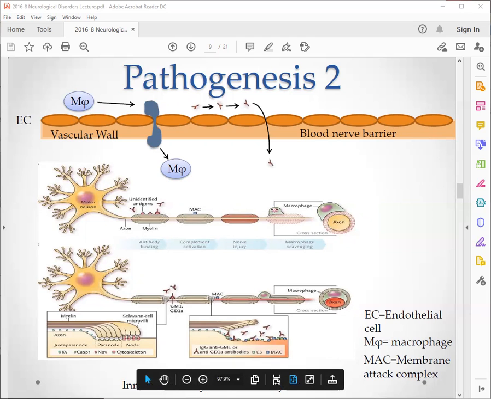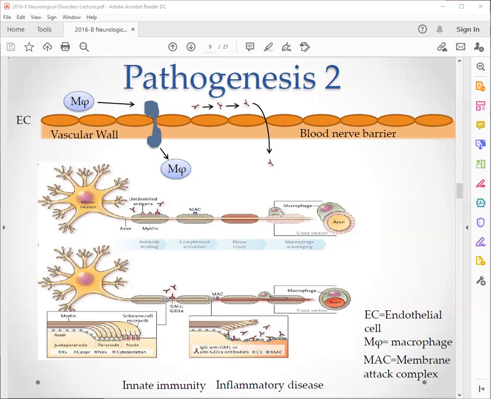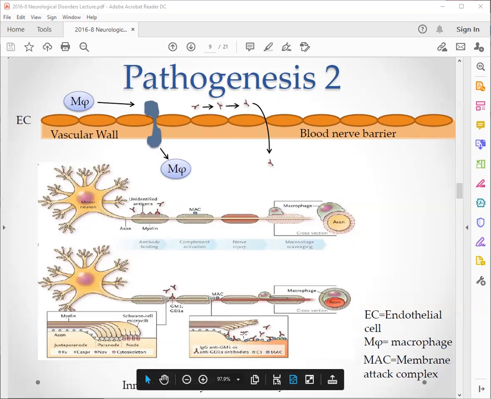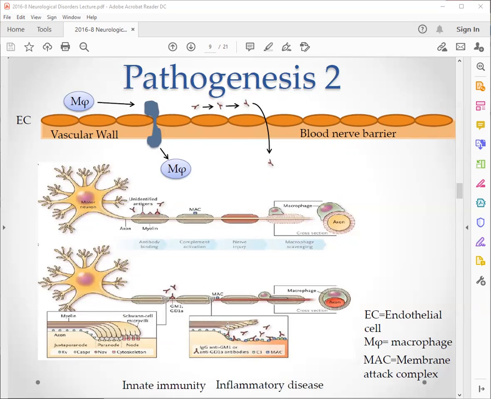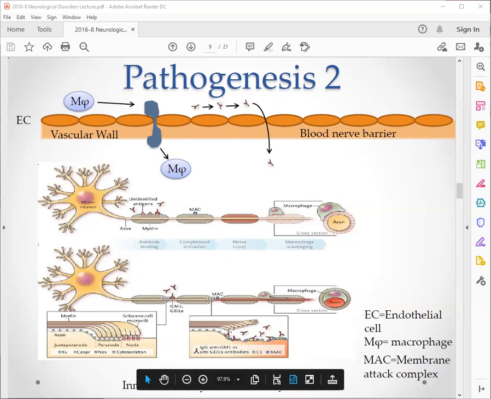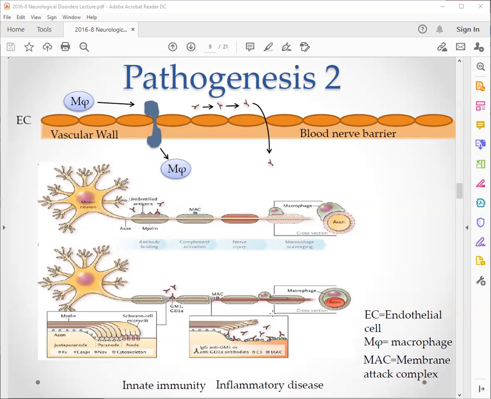macrophages also begin to attack the Schwann cells themselves, begin to phagocytize them, cause an inflammatory response, and begin to destroy them. When that happens, these antibodies physically cause a loosening of the association of the Schwann cell and the myelin itself, and that reduces nerve conduction, because remember, these nodes of Ranvier are important for saltatory conduction and propagation of the action potential.